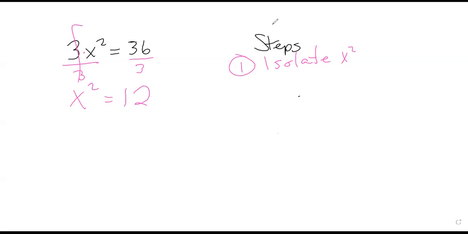After you isolate, don't you have to, I don't know how to explain it, I think John means take the square root. Exactly, yes. So step 2. See, look, we now made it only 3 steps. So take the square root.